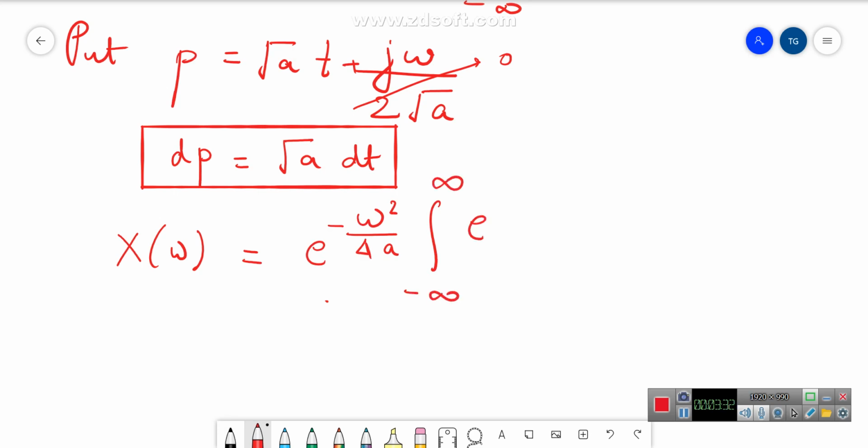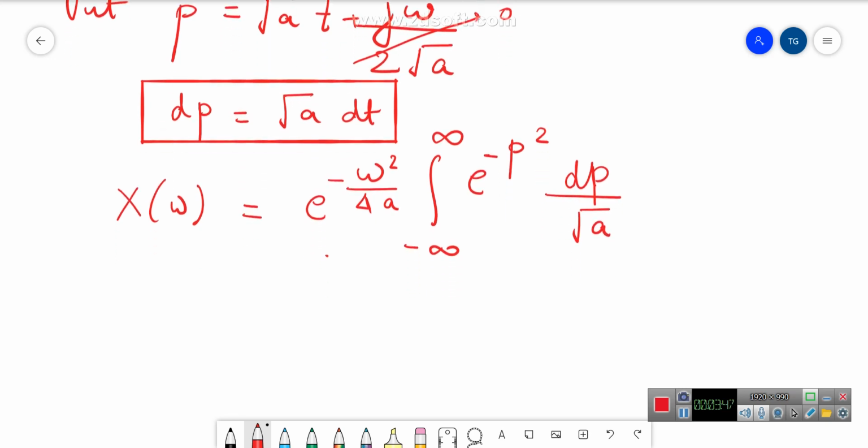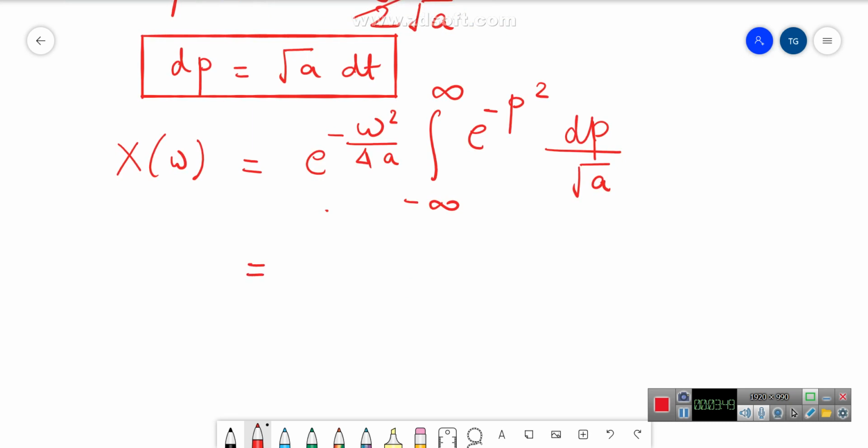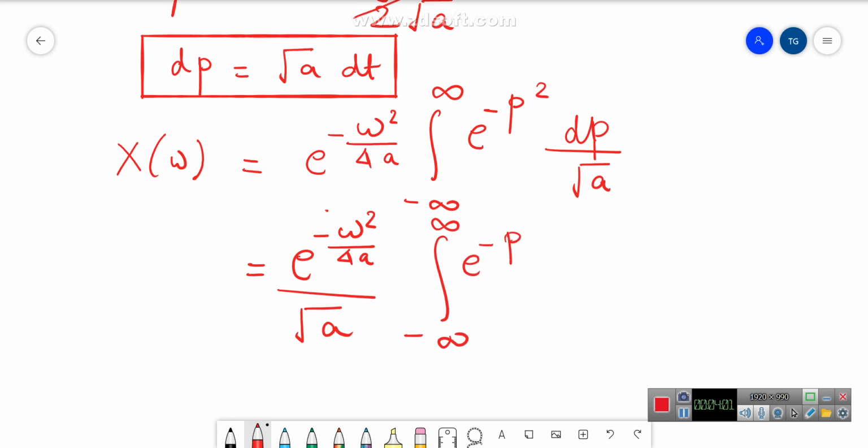So we have substituted the whole term as p, so minus p square here, and dt is nothing but dp by under root of a. We know this under root of a is a constant, so this can be brought out: e to the power minus omega square by 4a upon under root of a, and this is the integral from minus infinity to infinity of e to the power minus p square into dp.